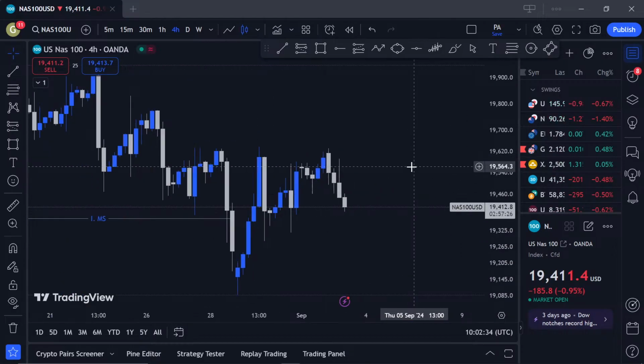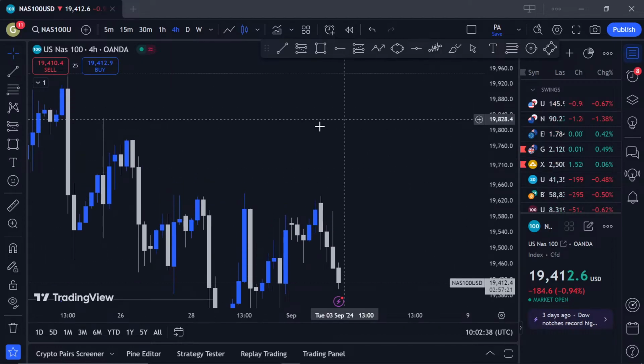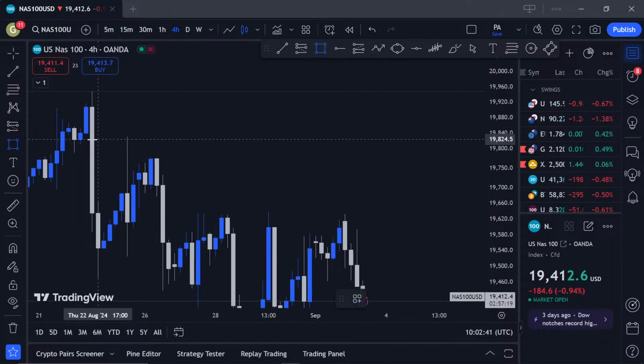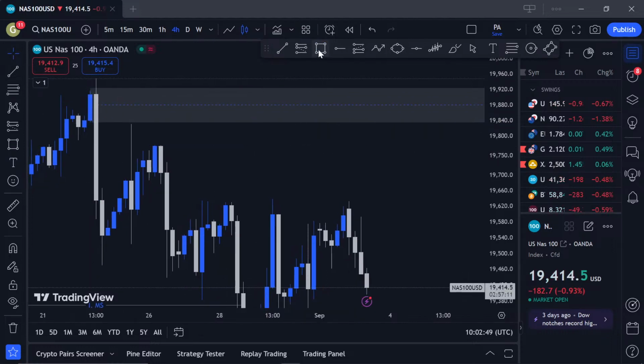Looking at US30, I mean US100, I think it's still on the sell side here, and we'll be looking forward to take our sells. Let me first identify the levels before we modify them on the lower time frame.